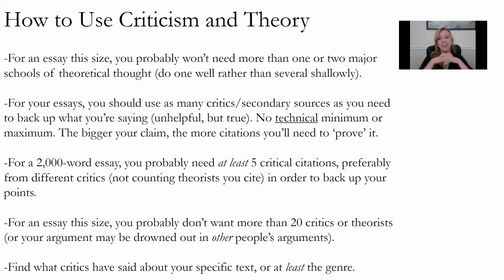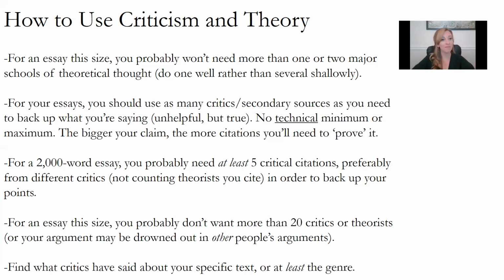So for a roughly 2,000 word essay, you'd probably, I guess, need about 5 critical citations. Diversify them. Don't just find one article that sort of covers all your bases, and you just repeatedly cite this one author. Show us you have done the research, you have a sense of scope of this topic.